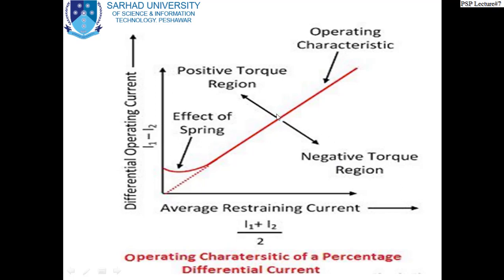So this becomes the positive torque region and this becomes the negative torque region. This is the operating characteristic of the percentage differential relay. In the percentage type we have a slight bend.